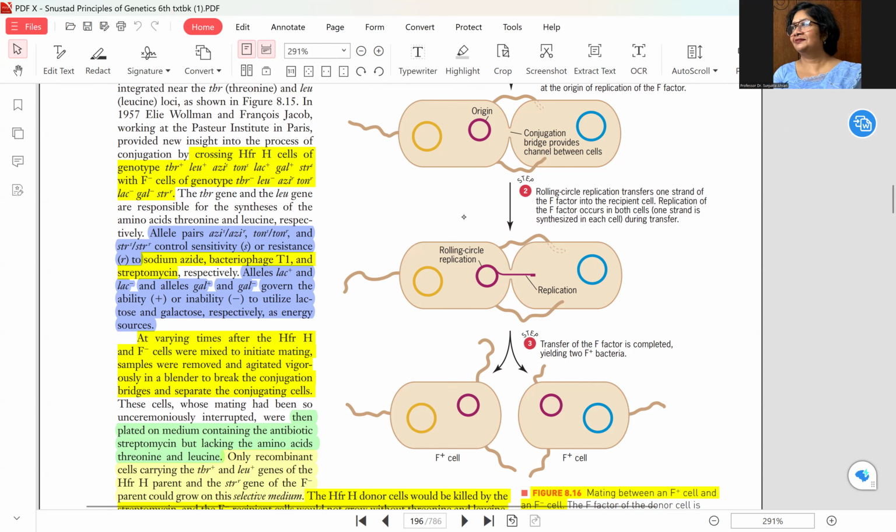So to determine which gene or genes have been transferred, we need to make plates for each of those genes which are present in the Hfr cell. That is, we need to make 2 plates, one containing threonine, the other without it, one containing leucine and the other without it, a third plate containing sodium azide and another without it, a fourth plate containing bacteriophage and another without it.